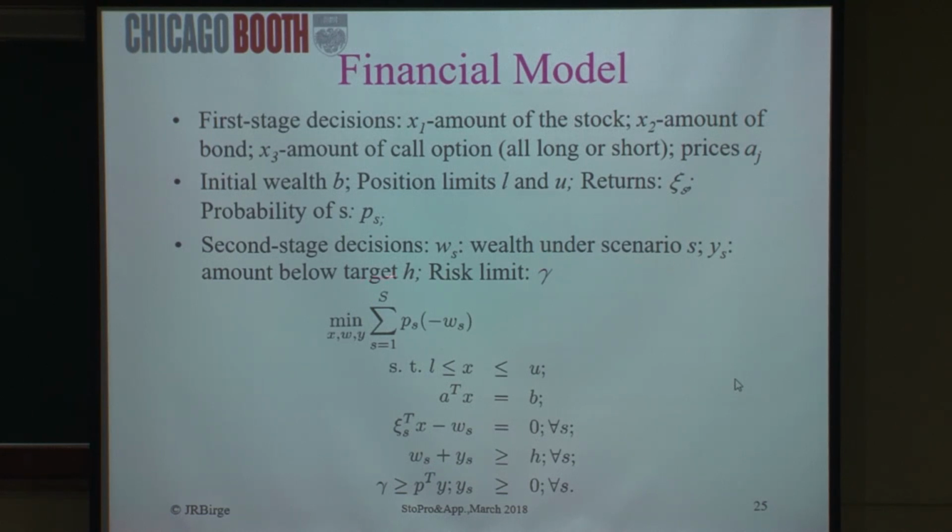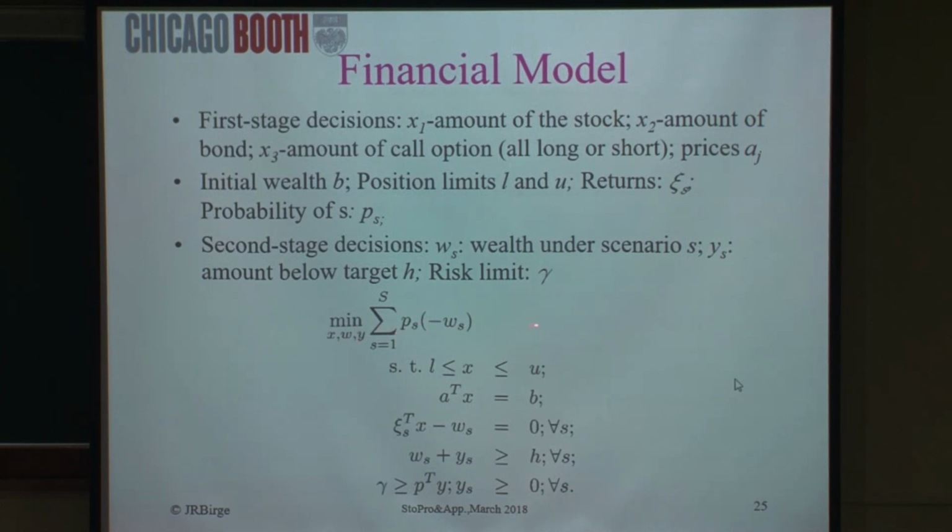I have a target to achieve, and if I'm below the target, I get a penalty. Basically, I'm maximizing my expected wealth, so minimizing negative expected wealth.